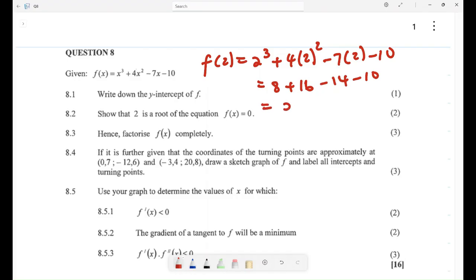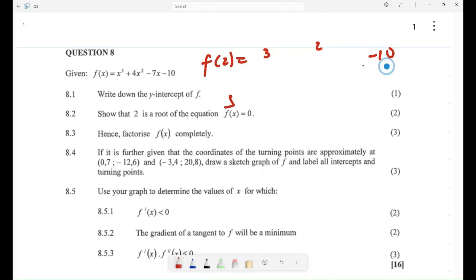Then 8 plus 16 is 24, minus 24, which is equal to 0. All you need to do is just this: say f of 2 is equal to, then substitute x as 2, then it is equal to 0. Then this is your 2 marks, for saying f of 2 is equal to and substituting, then it gives you 0. It is just your full marks.